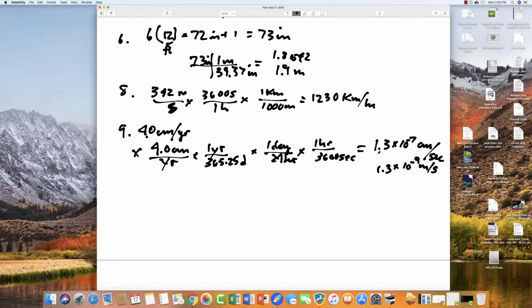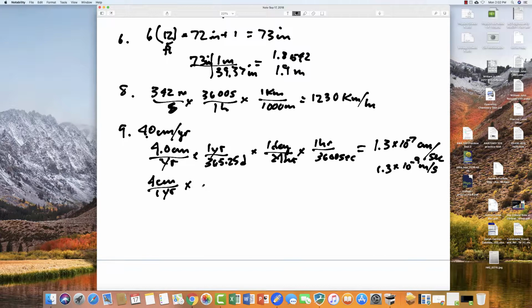The next section says, what is the speed in kilometers per million years? Okay, so you've got 4 centimeters per year. If you want kilometers, you start out by saying there are 100 centimeters in a meter and 1,000 meters in a kilometer.